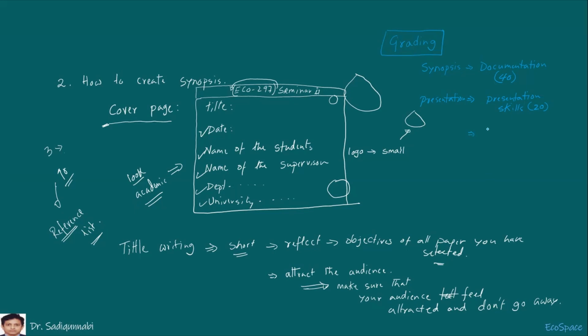And in the presentation skill, you are going to link the ideas given. This linking is called the content. So your content should be well established and well linked. You are getting 20 marks here.